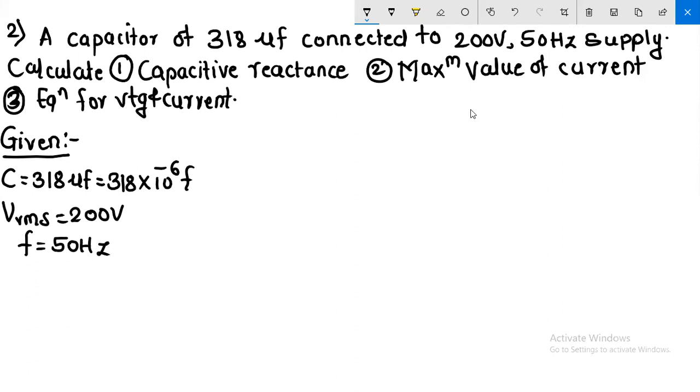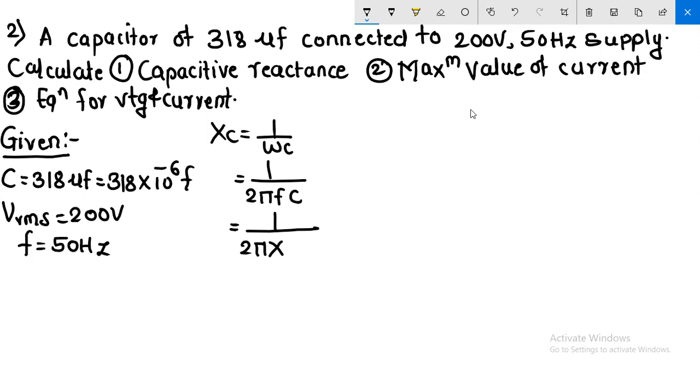Okay, now what we need to calculate? Capacitive reactance. So what is the formula for capacitive reactance? Xc is equal to 1 upon omega c, correct. But what is omega? 2 pi f. So 2 pi f into c. Now whether all values are given to us? Yes, 2 pi into frequency 50 into capacitance 318 into 10⁻⁶. Got it? So find out the value of Xc now.